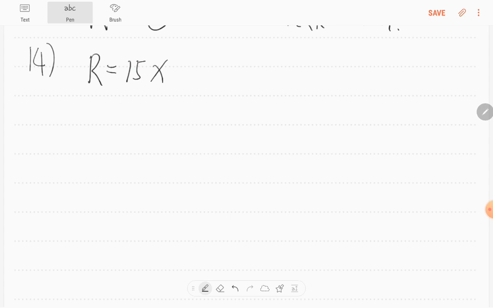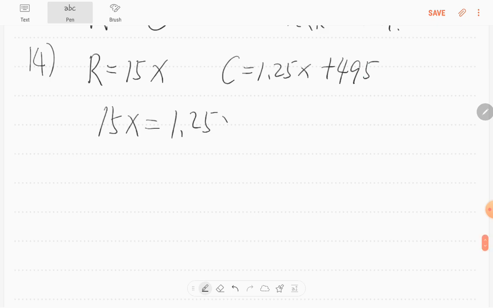And the total cost is C equals 1.25x plus 495. How many tickets need to be sold each night to break even? In other words, when will the revenue equal the cost? So it's 15x equals 1.25x plus 495.